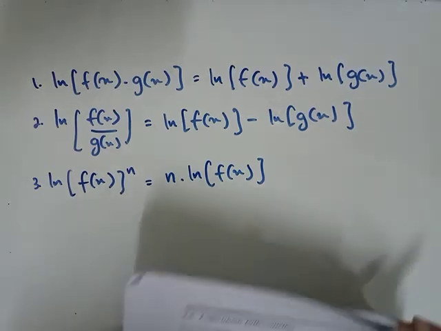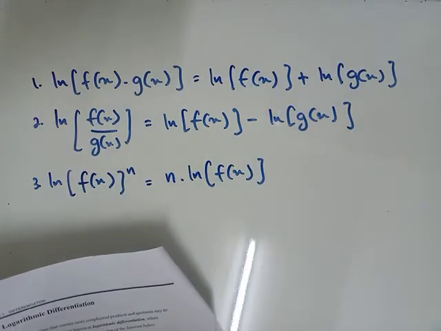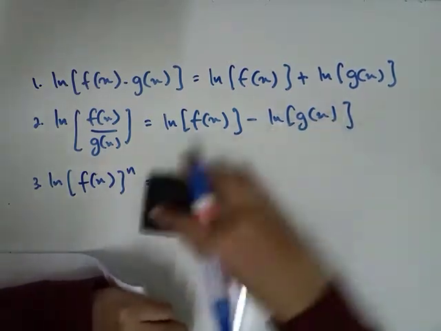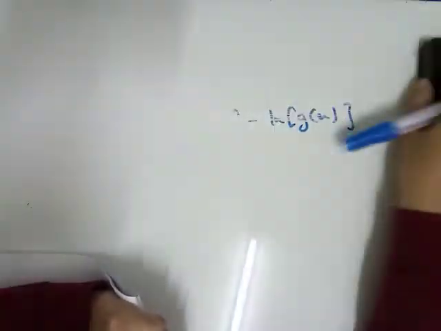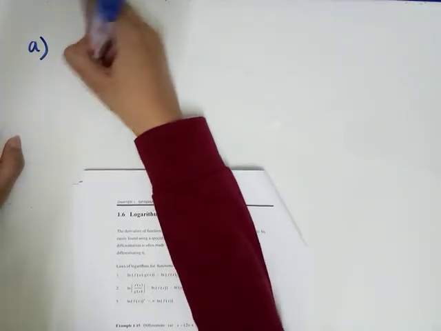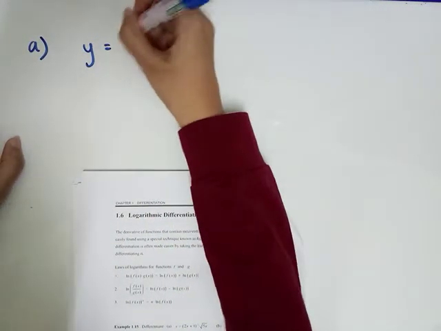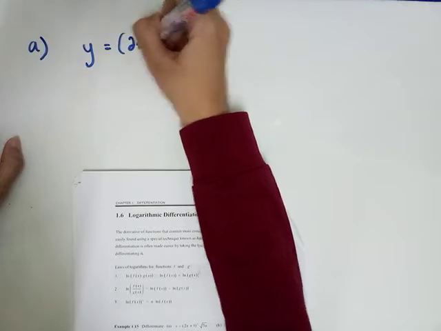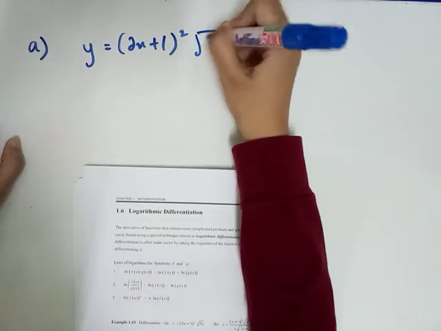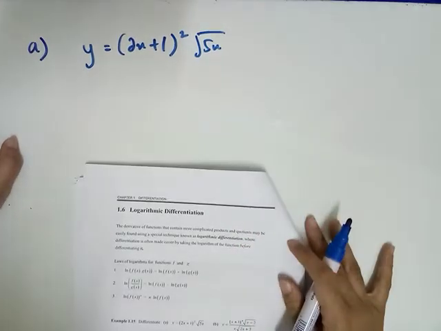So look at example 1.15, how to differentiate using the law of logarithm. This topic we just go through saja. So I'm going to show you only one example. Look at A, y equals to ln (2x plus 1) square root 5x.